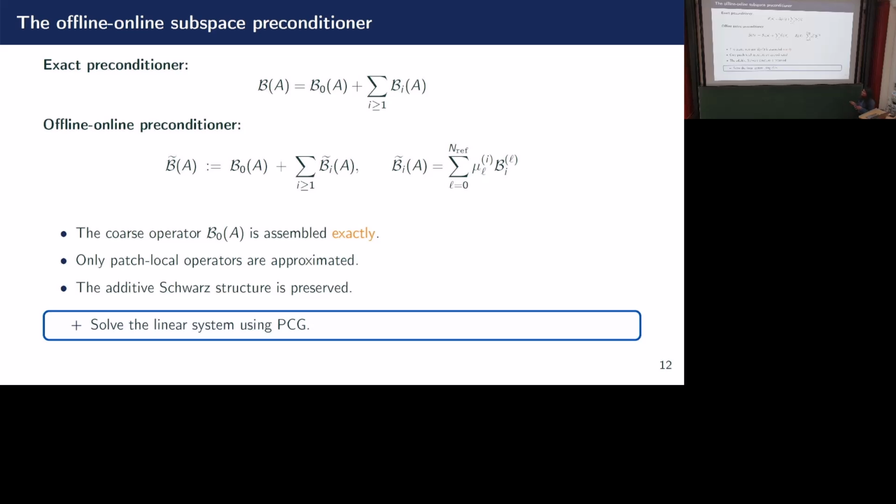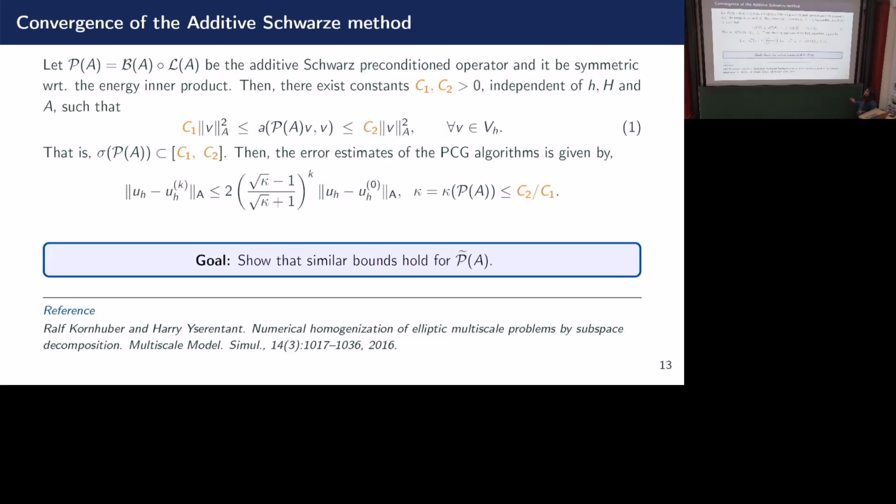Now, this is the idea. But now the remaining question is, does this approximation destroy the PCG convergence? And that is what we would discuss in our error analysis. And we answer this question by comparing it with the exact 2-level additive Schwarz preconditioner operator.